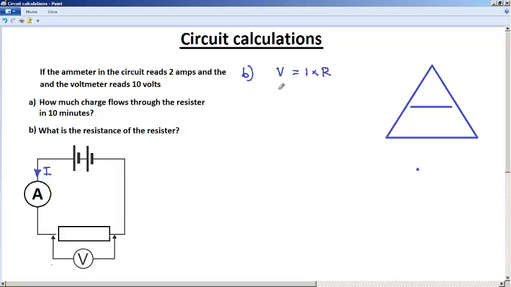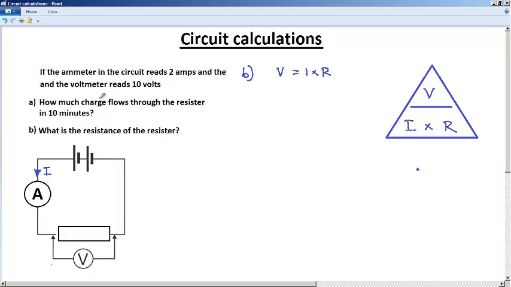Now in this case, the something multiplied by something goes at the bottom, so we put the I times R at the bottom, and the other term, that's to say the term that's on its own, usually on the left, goes at the top of the triangle.